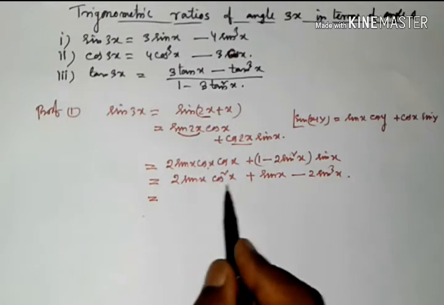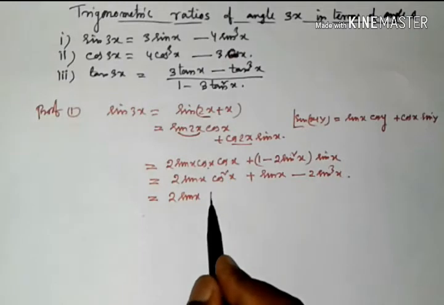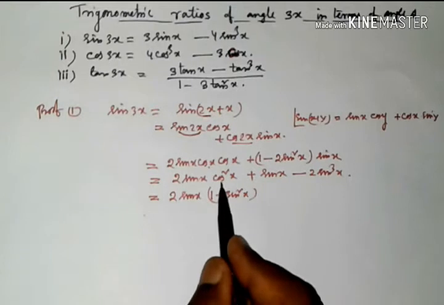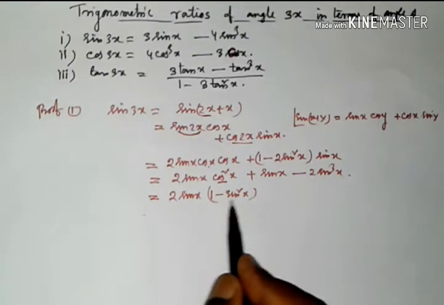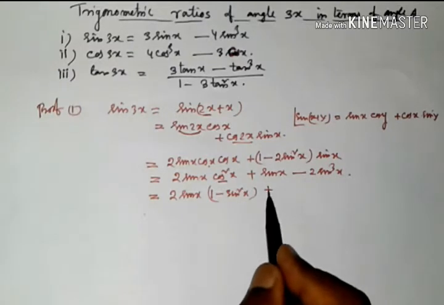Now we convert cos square x to sin square x: cos square x is equal to 1 minus sin square x.